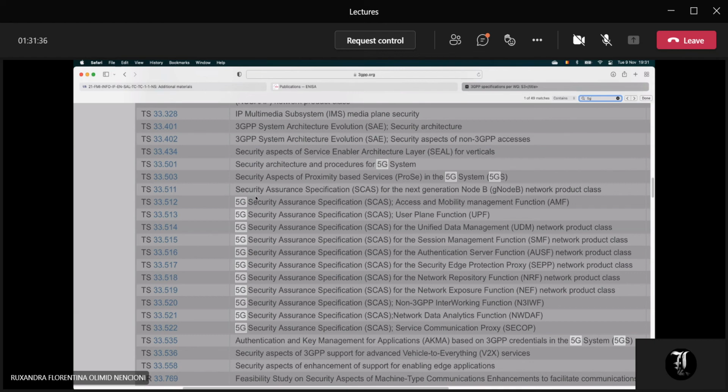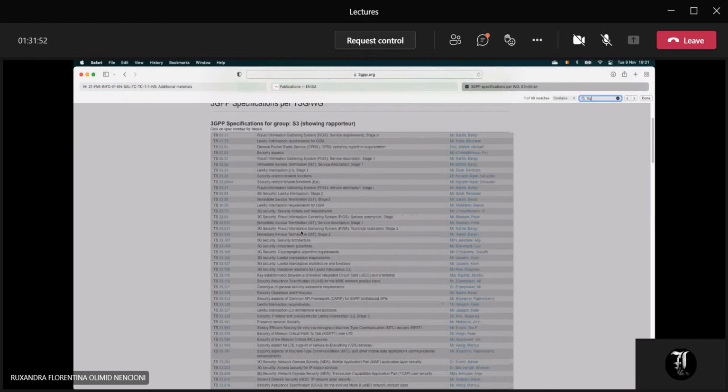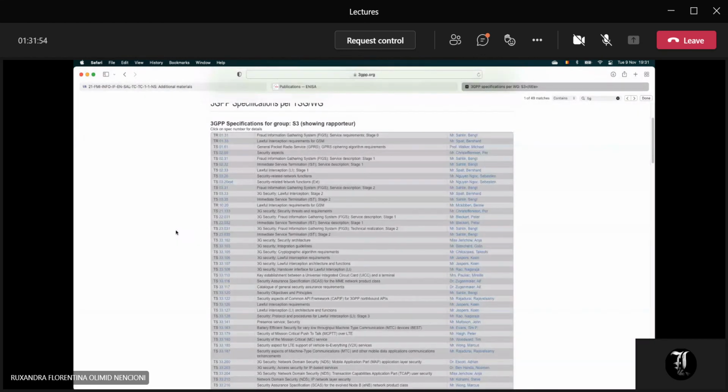It's not like a white paper. But if you want something really specific or you need something that is exact, you should always go to the specification. You can also look for white papers that give you ideas.